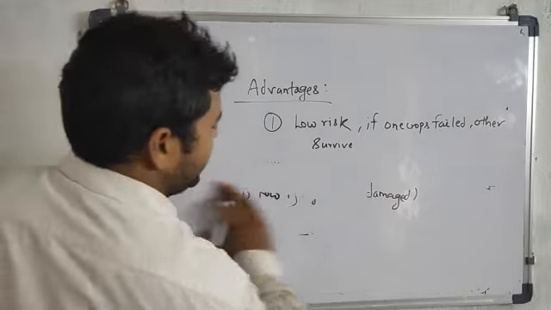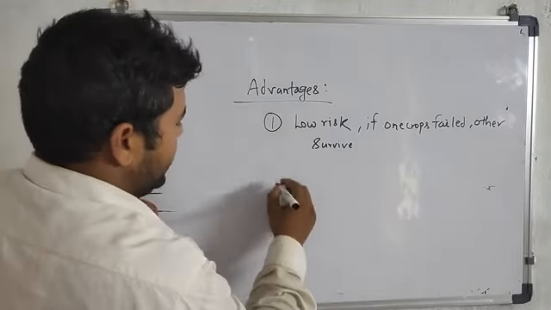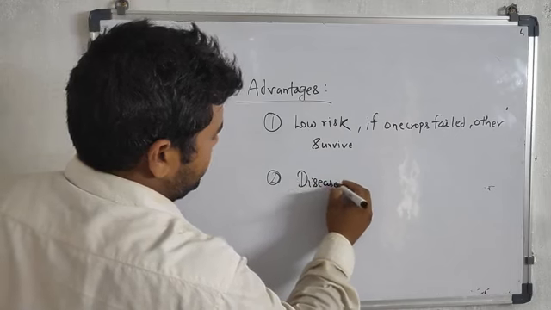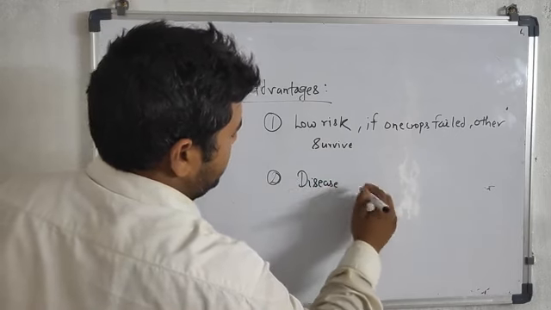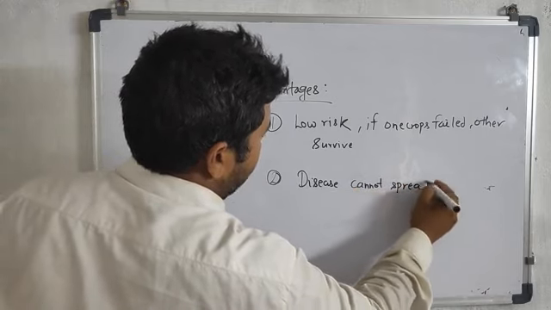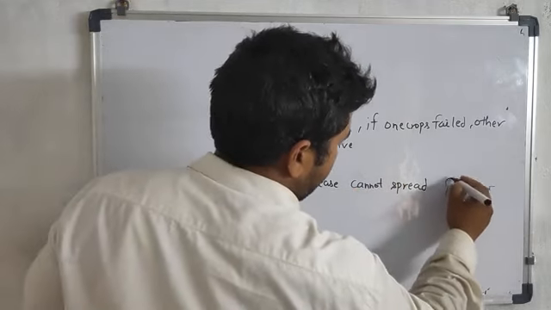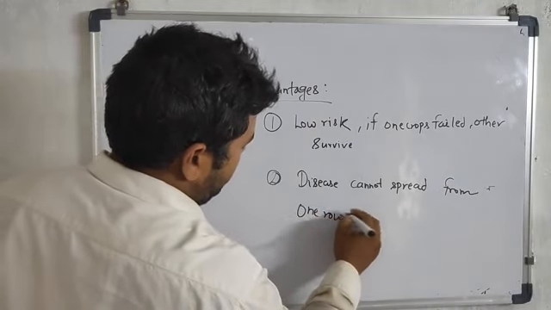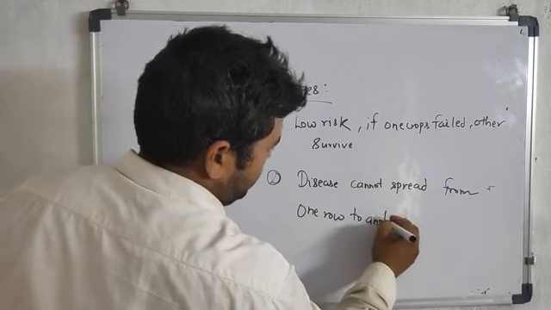So the second thing that you have to note is that disease cannot spread from one row to another row.